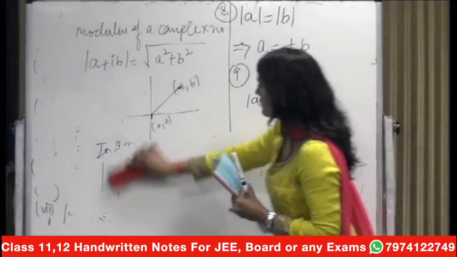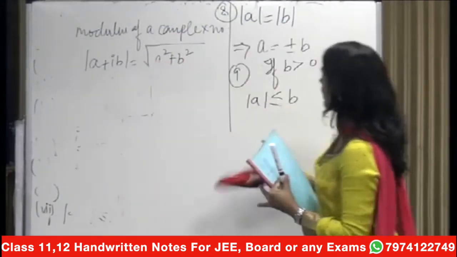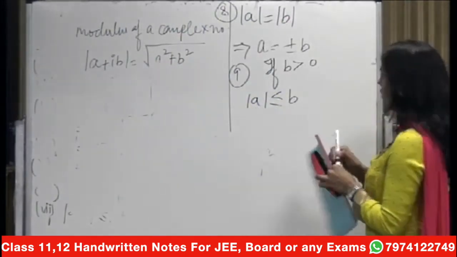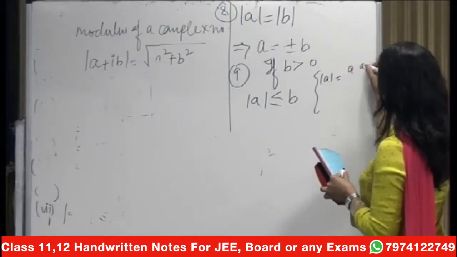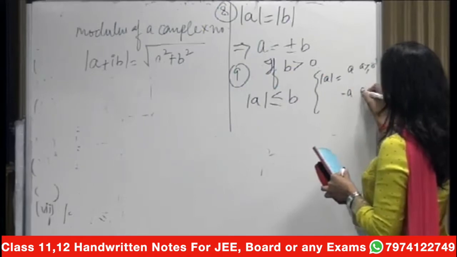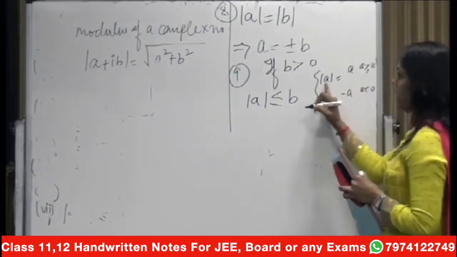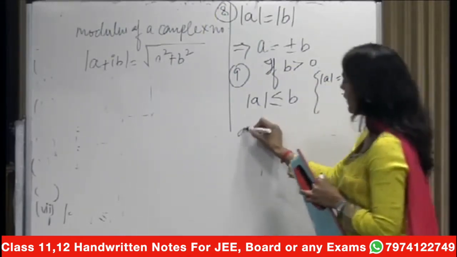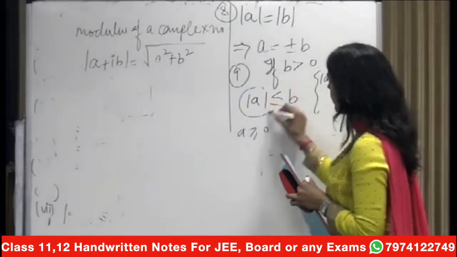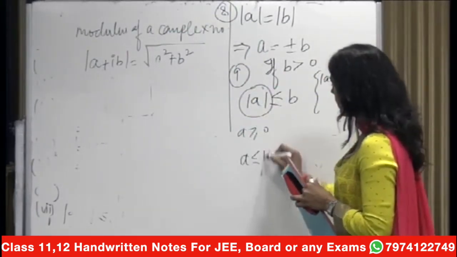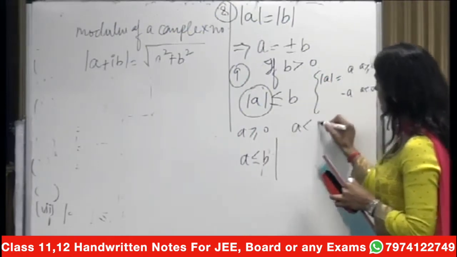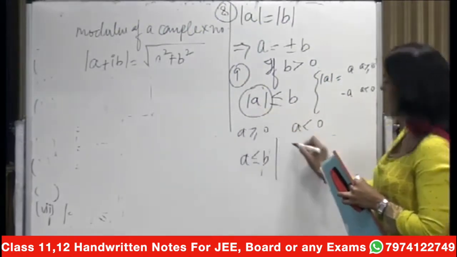what? Now tell me, mod a, you know very clearly, for a greater than or equal to 0, mod a is simply a. For a less than 0, this value will be minus a.